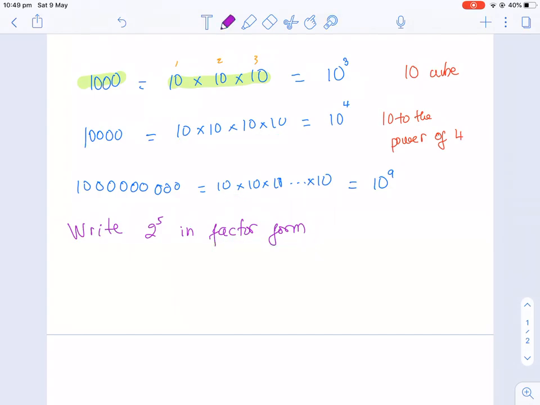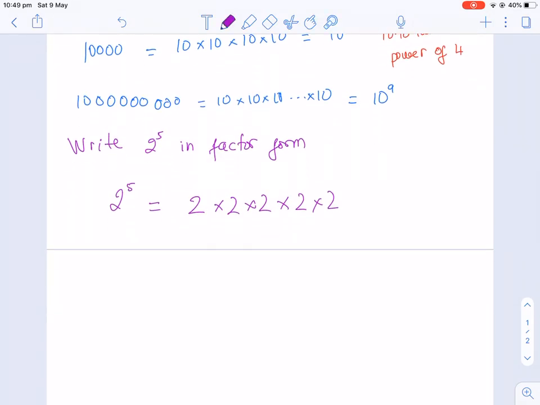We know that 2 to the power 5, the base here, we have to identify the base is 2. So we write that 2. This is the one that you multiply by itself. And how many times do we multiply 2 by itself? It is 5 times. So this equals 2 times 2 times 2 times 2 times 2, 5 times. And this is the answer for the factor form of 2 to the power of 5.